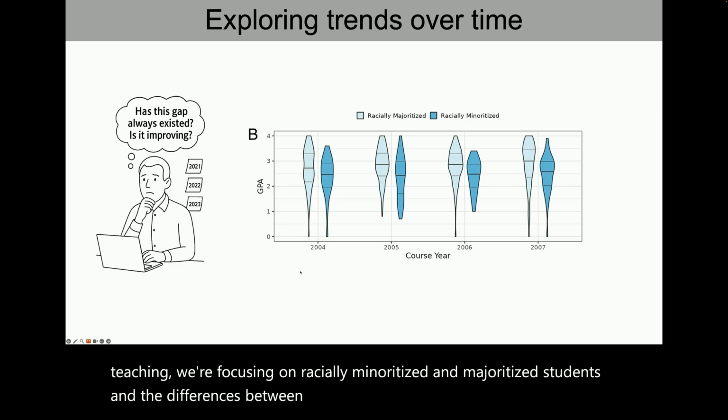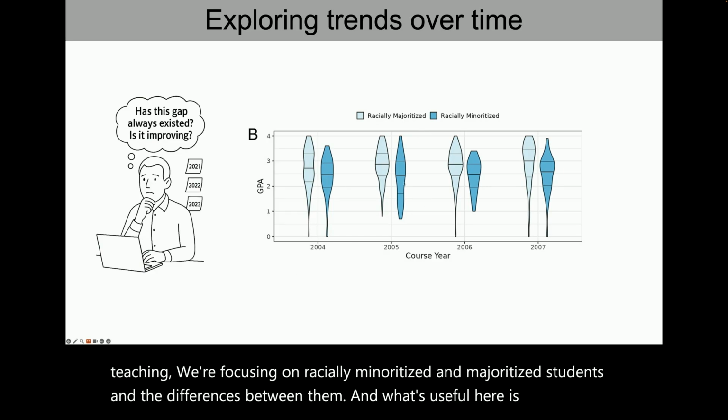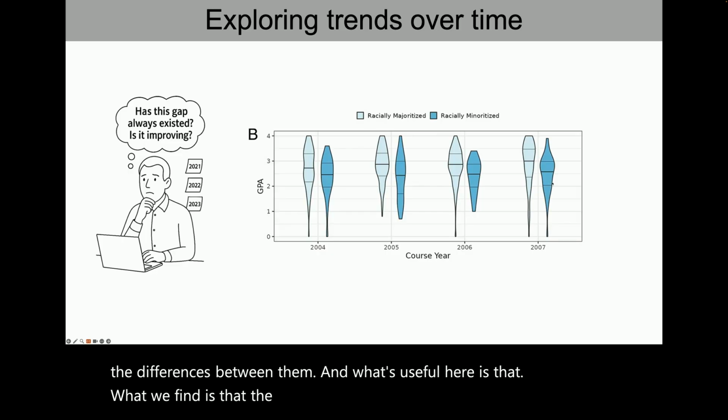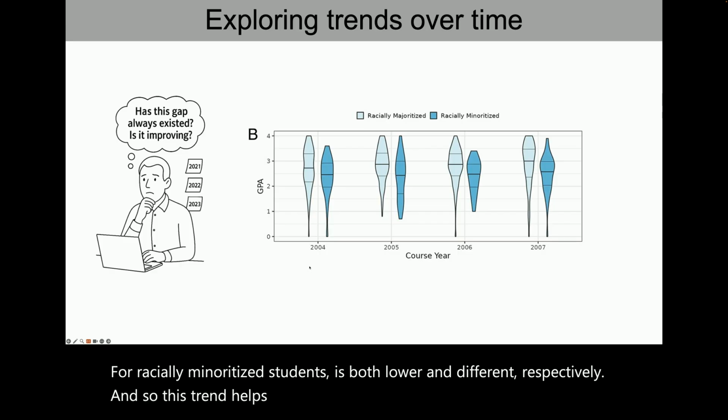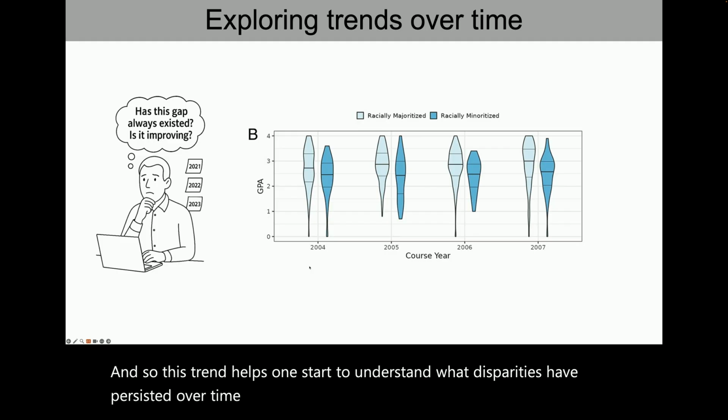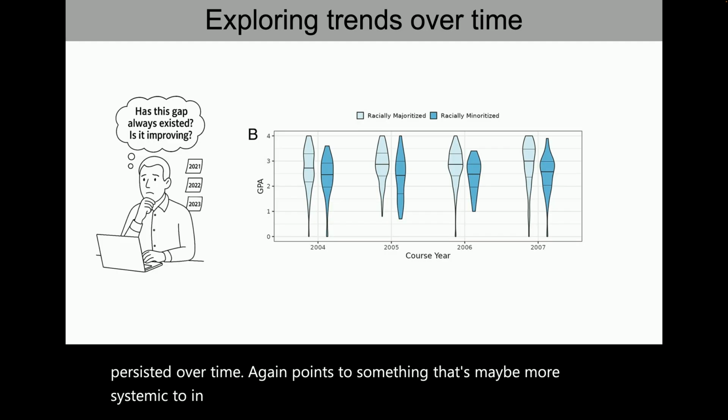What's useful here is that the median and the shape of the curve for racially minoritized students is both lower and different. This trend helps one start to understand what disparities have persisted over time. Again, it points to something that's maybe more systemic in the context of the class and a potential for structural changes.